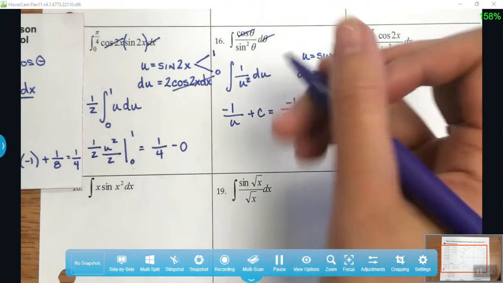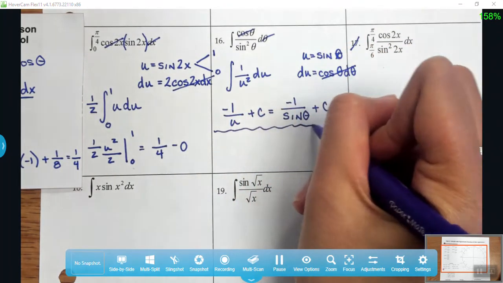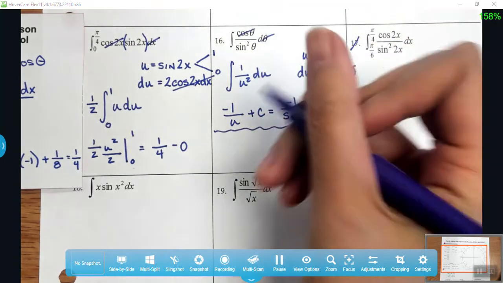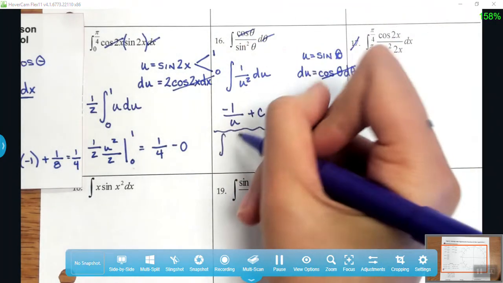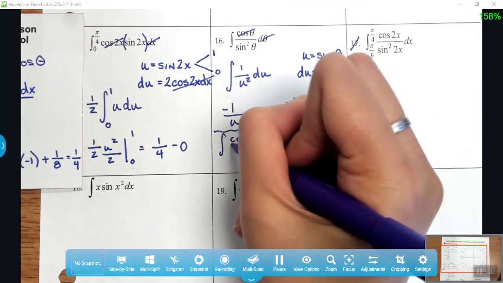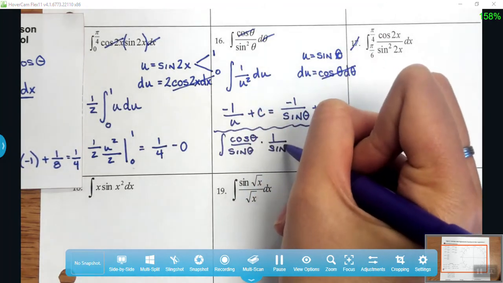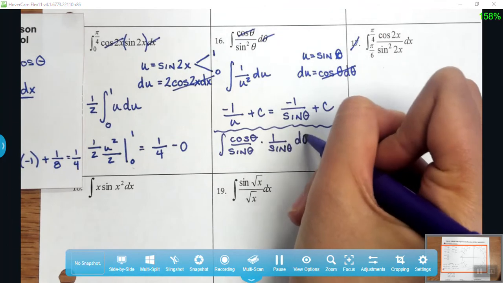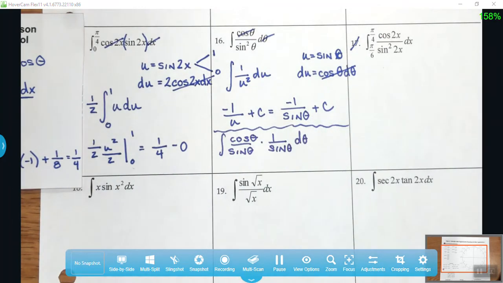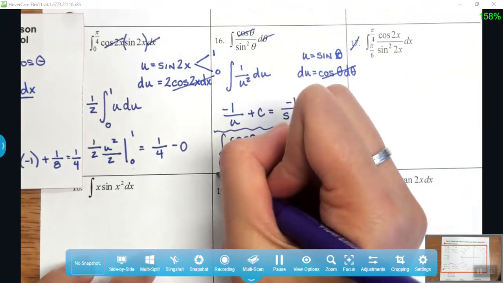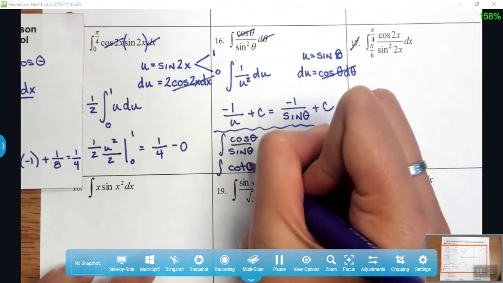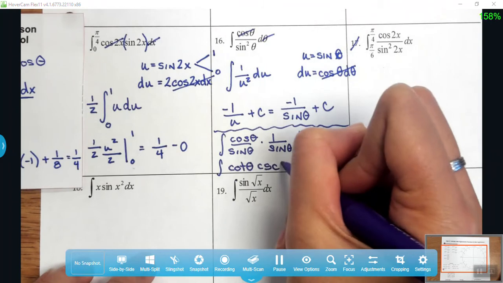Or the other way is to rewrite this as the integral of cosine theta over sine theta times 1 over sine theta, using those trig identities that you know. And then that is equal to cotangent theta cosecant theta.